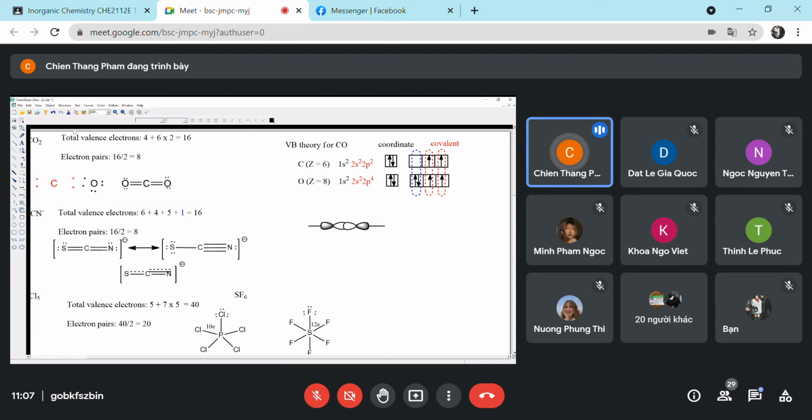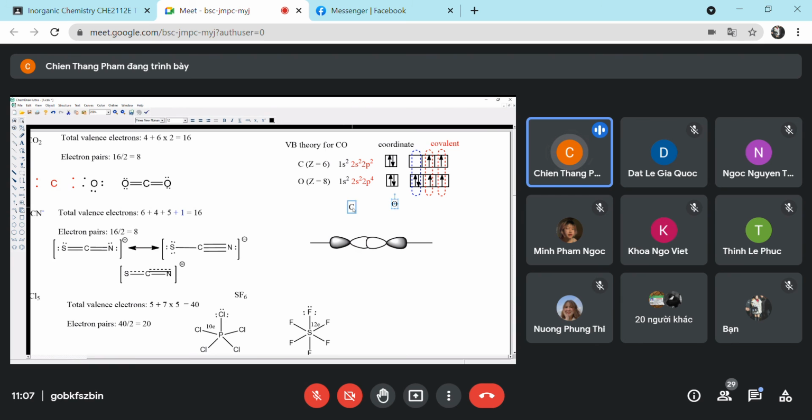Okay, the first one here, maybe we can mention this one is carbon, and extend this one a little bit. It's better to write the name of the atom here. Carbon on the left hand and oxygen on the right hand.